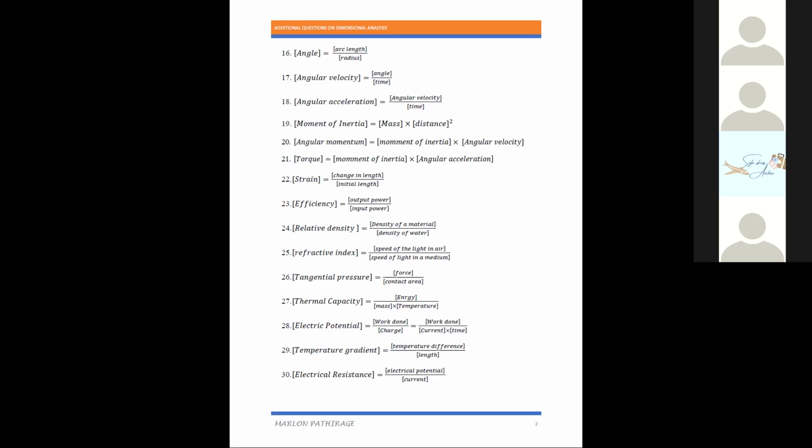Dimension of the angle. What is the dimension of angle?